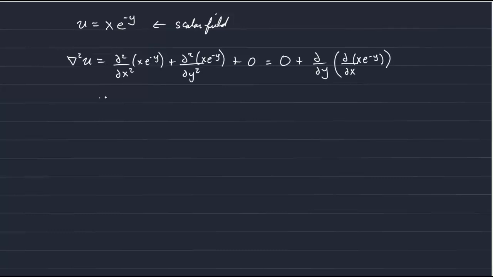So that is going to equal the partial with respect to y of the first derivative, which is minus x e to the minus y, and the derivative of this with respect to y is plus x e to the minus y. So it turns out that the Laplacian of u, for this particular field, is equal to u. When we took the Laplacian, we got the same function back.